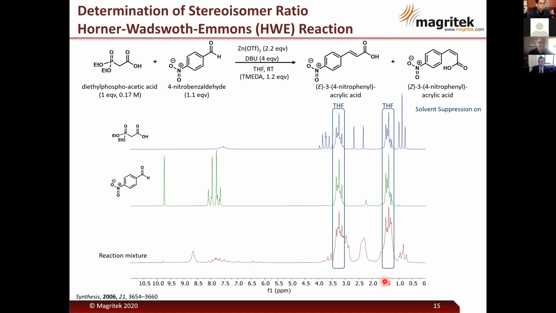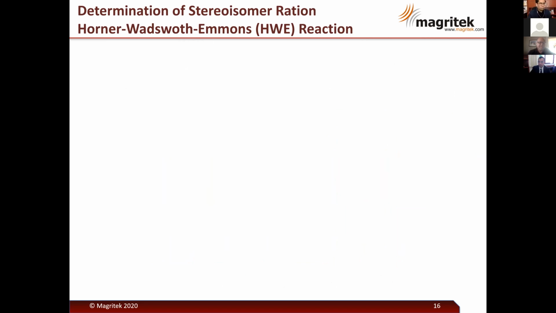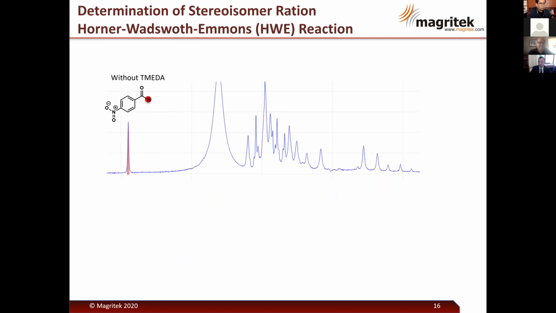This diagnostic signal for aldehyde was used to follow the reaction progress. And the signal highlighted in gray here is the region of interest to analyze both of the E and Z products.